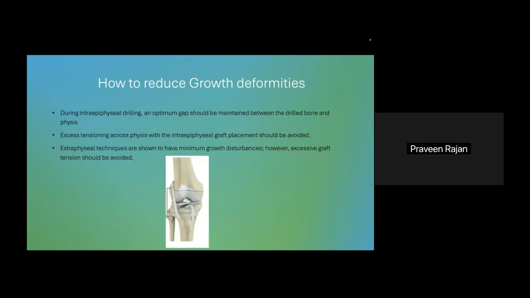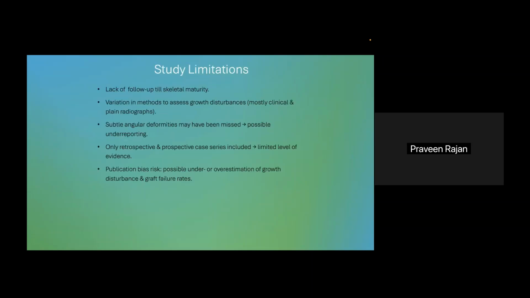During intraepiphyseal drilling, an optimal gap should be maintained between the drill bone and the physis. Excess tensioning across the physis with intraepiphyseal graft placement should be avoided. Extraphyseal techniques are shown to have minimal growth disturbances. However, excessive graft tension should be avoided.